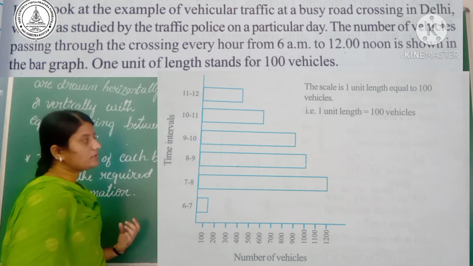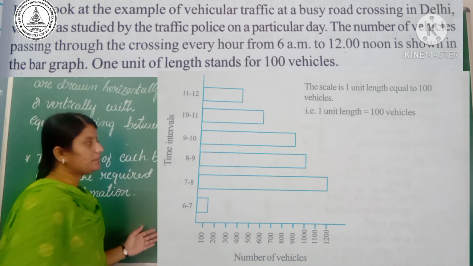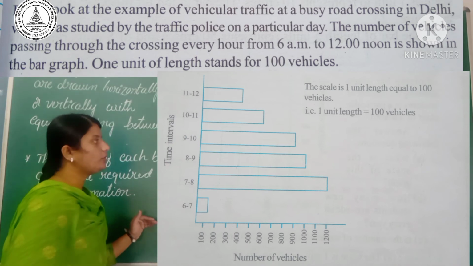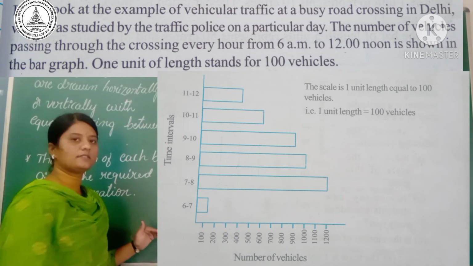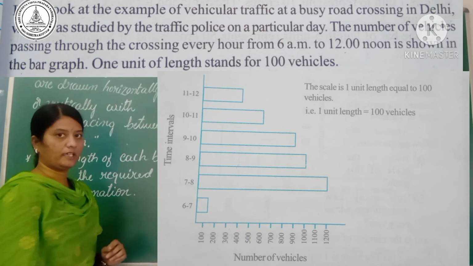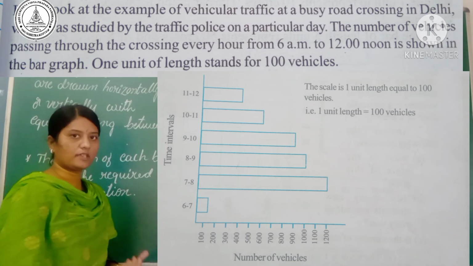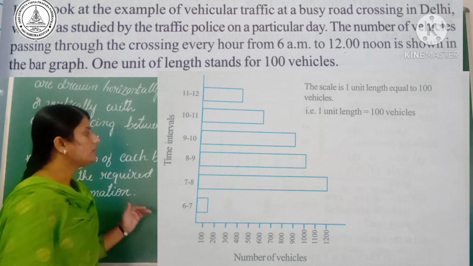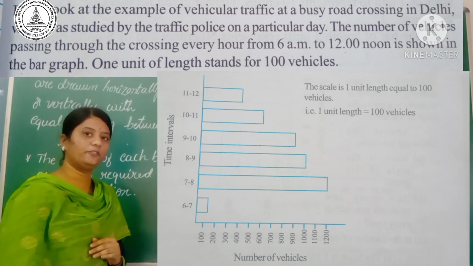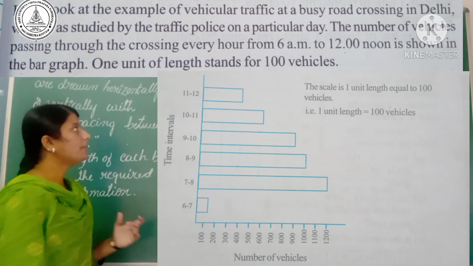After the maximum traffic, the next highest is at 8 to 9 o'clock, where you can see 1000 vehicles, which is less than the maximum traffic. At 6 to 7 o'clock we see the fewest vehicles, and 11 to 12 o'clock has 400 vehicles, right? It's about the interpretation of a bar graph.